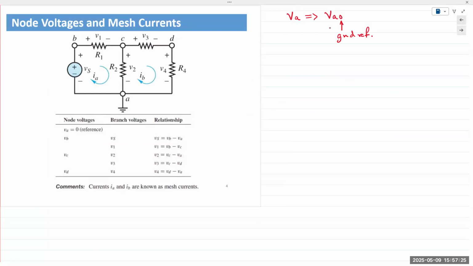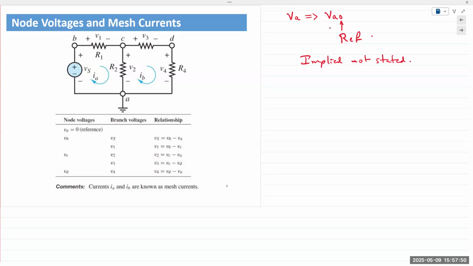So this reference point is implied. It's not stated. Okay, so VA means voltage measured at A with the reference point of the circuit.